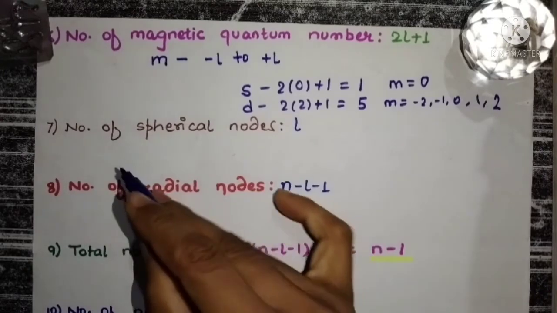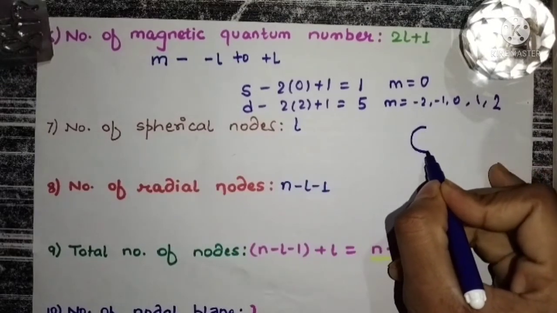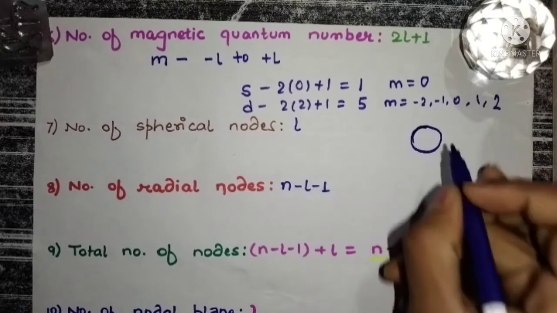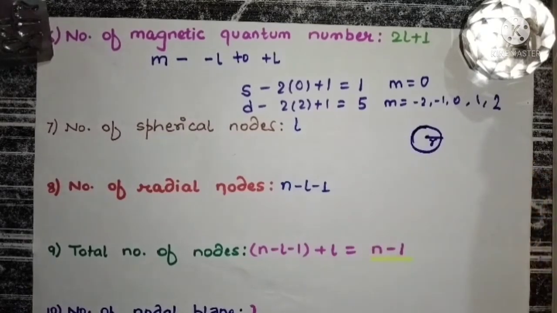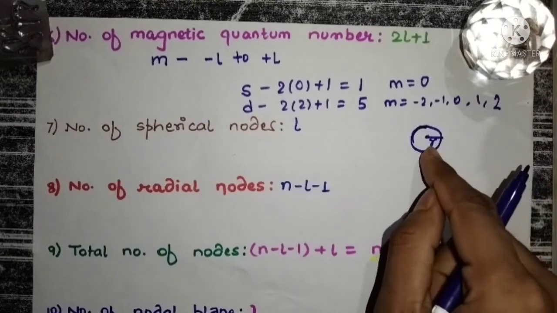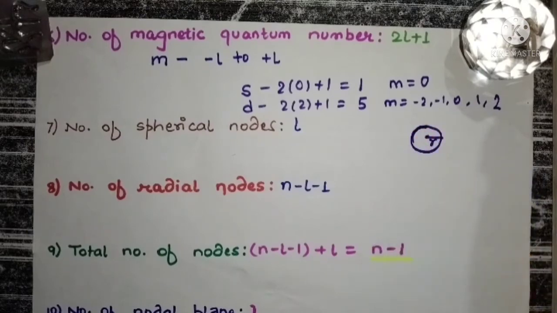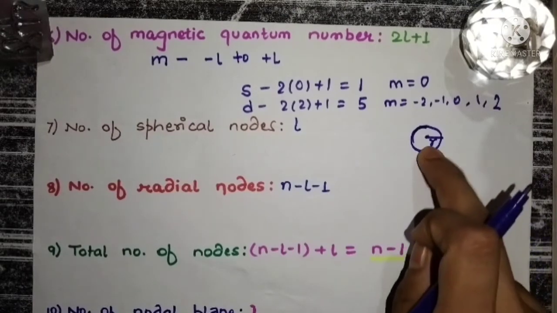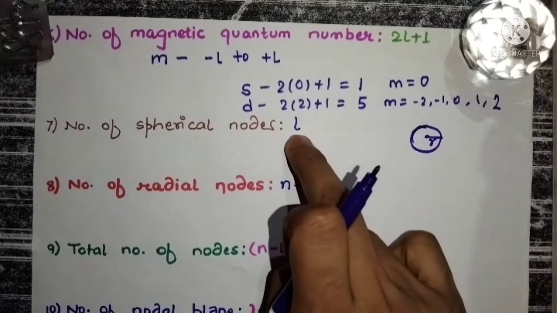So for the number of spherical nodes, what is a sphere? You know only the R value, that is the radius of a sphere. You know just one thing about a sphere, and with this R you calculate the surface area, the volume and anything of that sphere. So just remember that you need one thing for spherical nodes, that is a sphere, and that is the L value only.